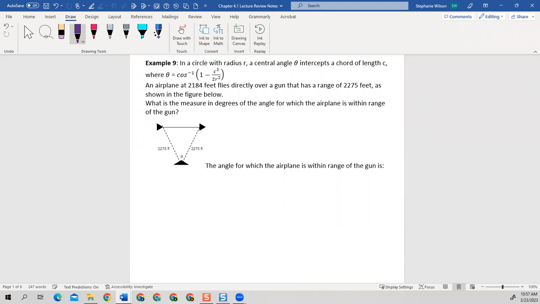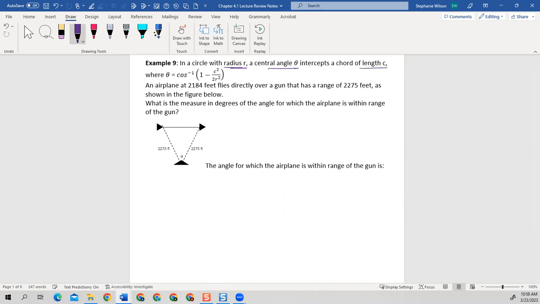Okay, so number 9, now we are solving for a circle with radius r. If you need to, write to the side of your paper what everything is. So we have a radius r, we have a central angle theta, and it intercepts a chord length of c.